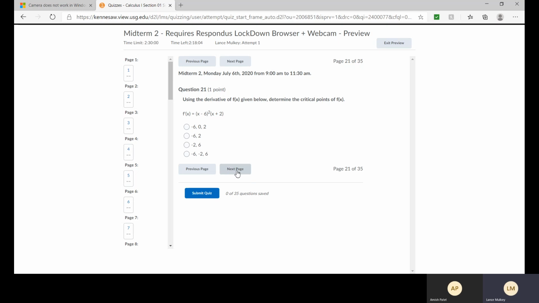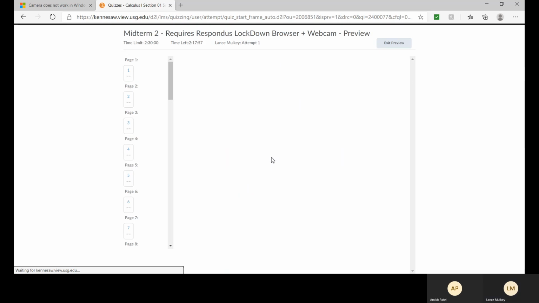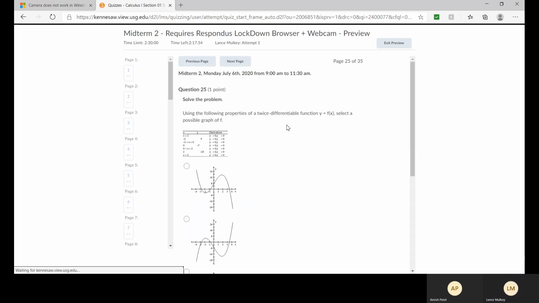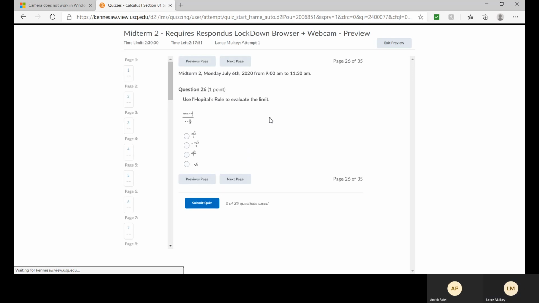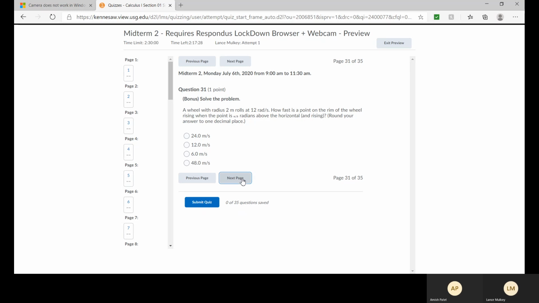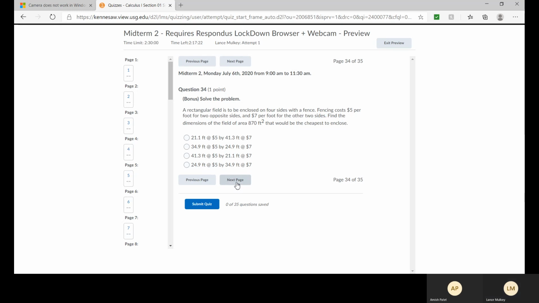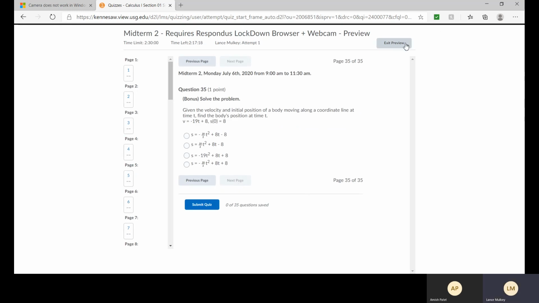Oh, logarithmic differentiation. We're getting to that. It's not in here? No, wait a minute.